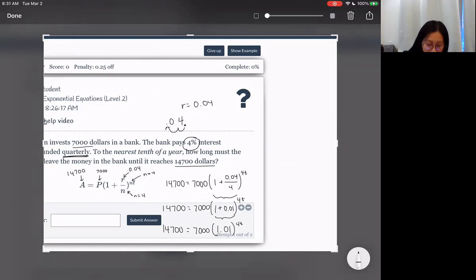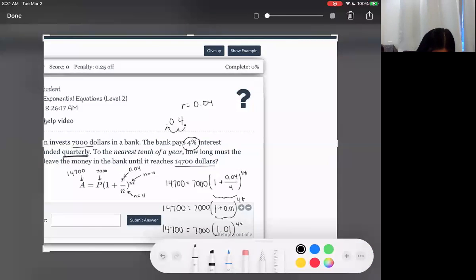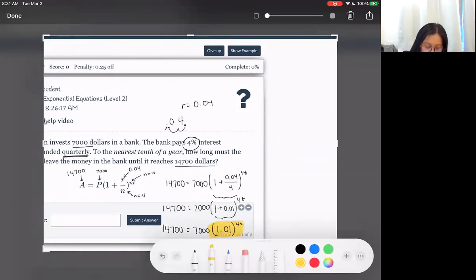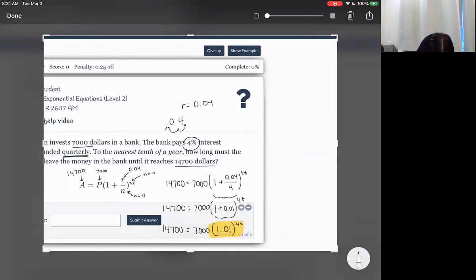So from here, we want to get our exponential by itself, just like in the last section. So what is our exponential? This entire piece is our exponential. Once we get this highlighted piece by itself, then we can apply the log. So in order to get that highlighted portion by itself, what we want to do is divide both sides by 7,000.